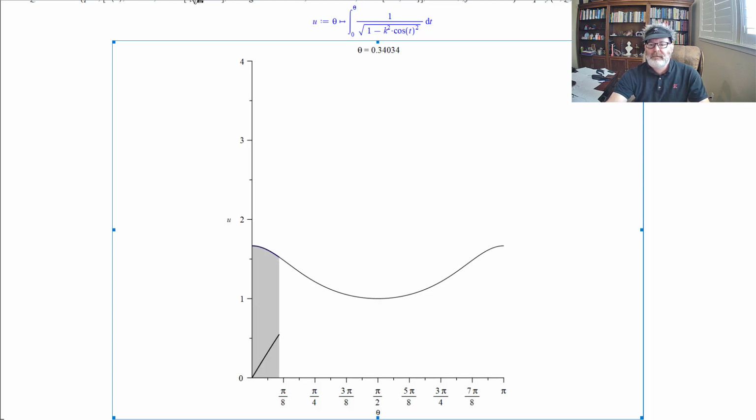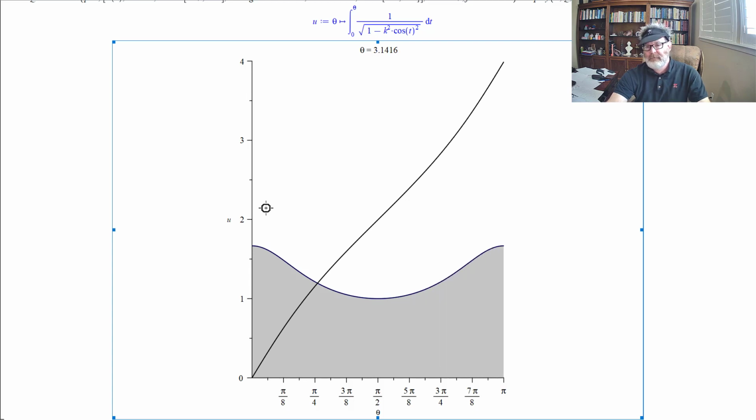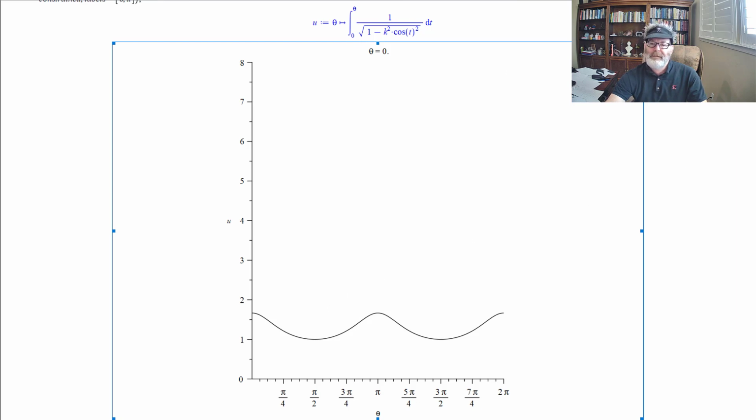So there's u in terms of theta, and if I stop at pi over 2, well, we're not reading the u value here, but it's about 2. And then as I go to pi, I'll get about 4. And I think we get the idea, but you can just keep going and going forever.